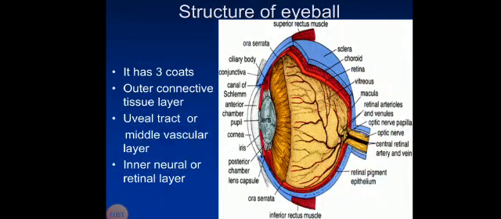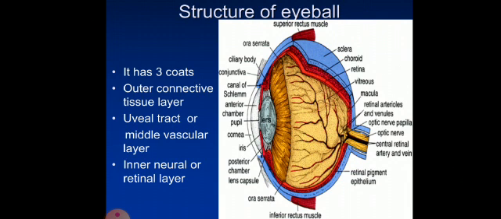Sorry, the slide is tilted. Yeah, we continue. The eyeball has three coats: the outer connective tissue layer, the uveal tract or the middle vascular layer, and the inner neural or retinal layer. The outermost layer is transparent in its anterior part, called the cornea, and the rest of the outermost layer is opaque, called the sclera.